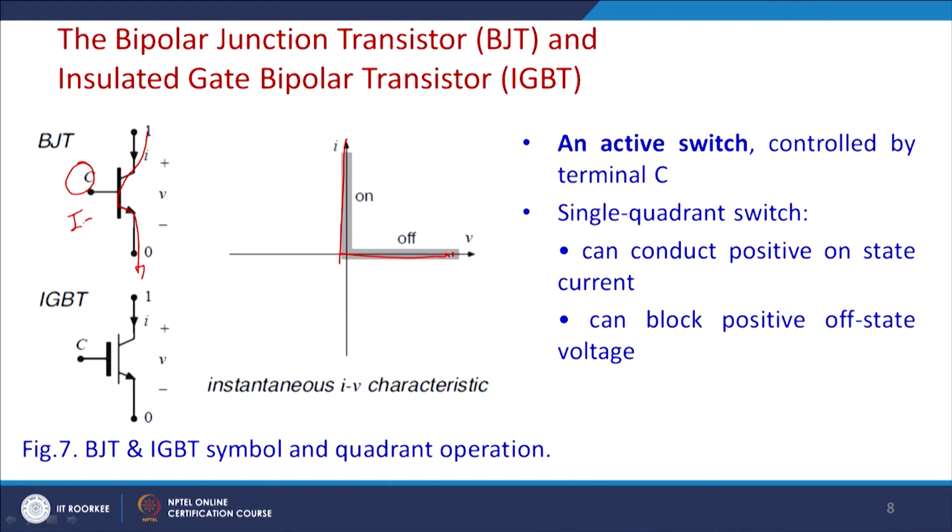Here you require IB to take it from cut-off to the transition region. Here you have to apply a voltage, so the power consumption in the gate is much reduced. But otherwise, as per the quadrant of operation, these two devices are the same.